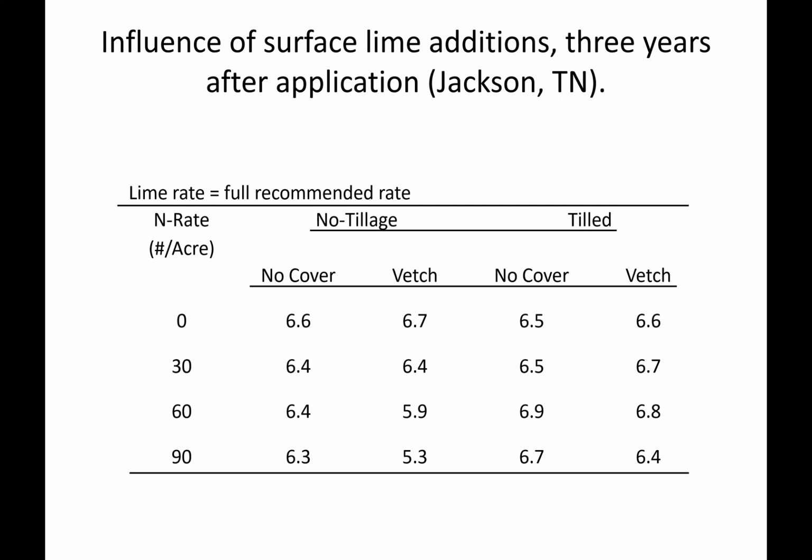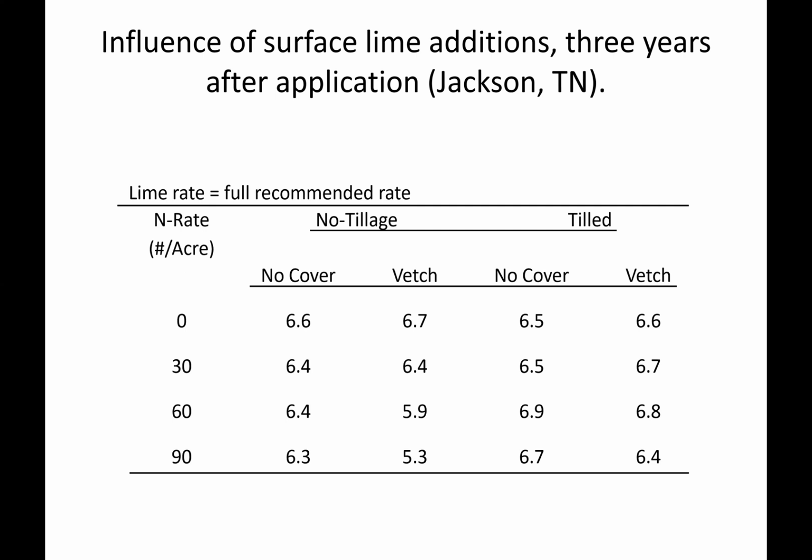Same treatments that I showed you, we added the full rate. So this was a little bit different than most studies were set up. Every plot, we took the pH and measured it, and then applied the amount of lime for that plot. So we didn't just say we're going to put 2 tons of lime per acre.